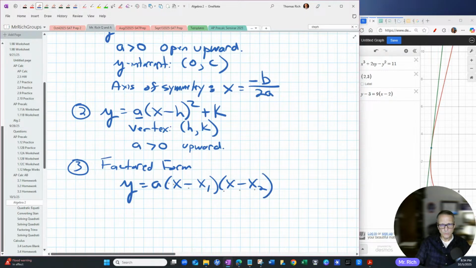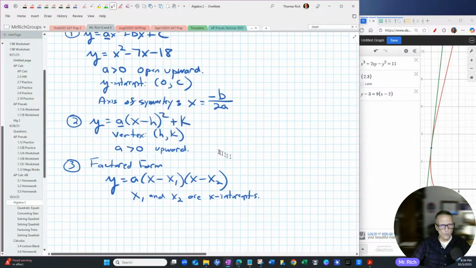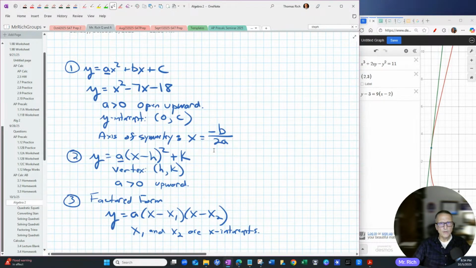And what are the x1 and x2? Those would be the x-intercepts. x1 and x2 are the x-intercepts for the parabola. So those are the 3 ways that we write equations of parabolas or quadratic equations.